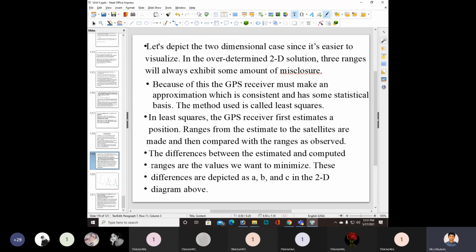The differences between the estimated and observed ranges are the values we want to minimize.